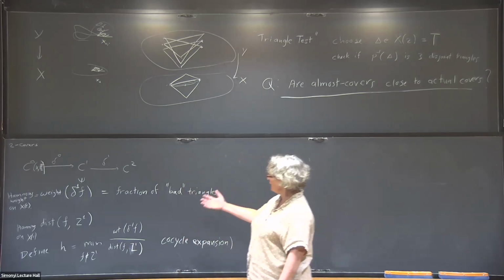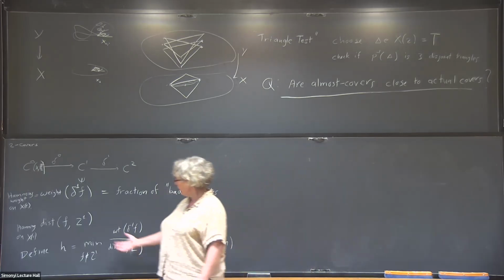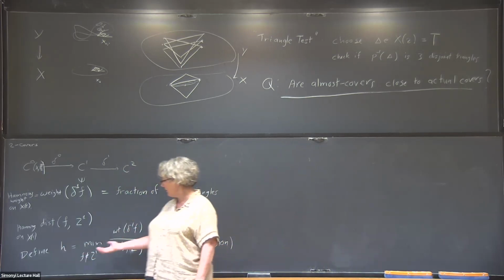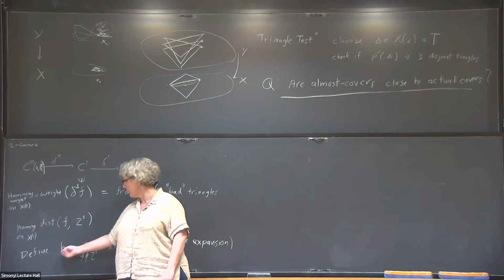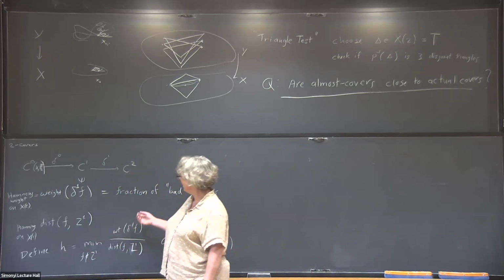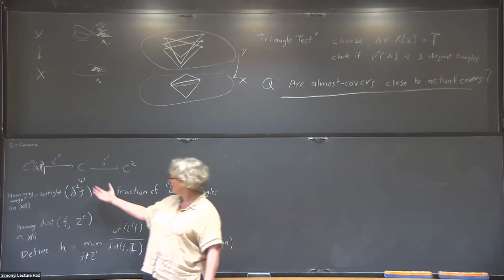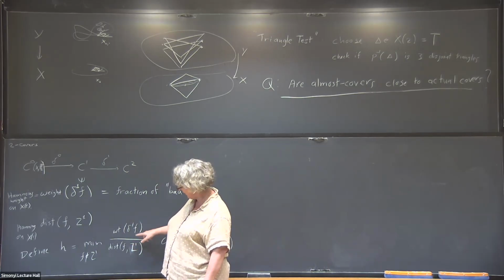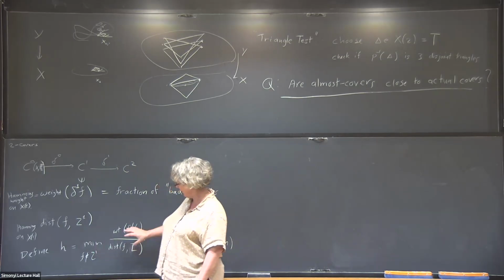Okay, so you can ask for a given X whether this H is bounded from below by a constant. If it is, suppose it's some constant, then you can say that when the weight is small, it implies that the distance is small, right? Because for any F, this ratio is bigger than this minimal ratio by definition.